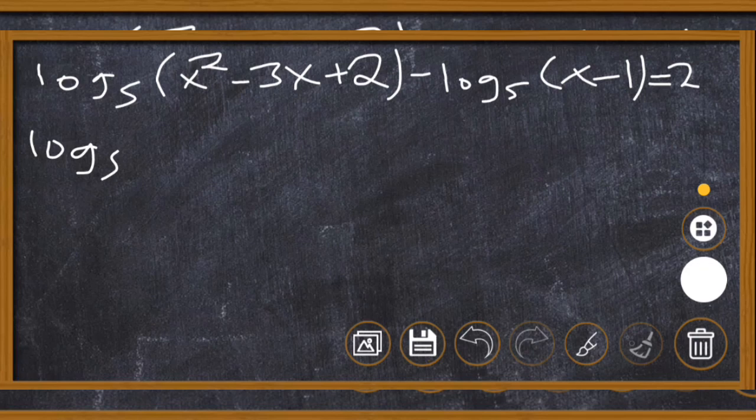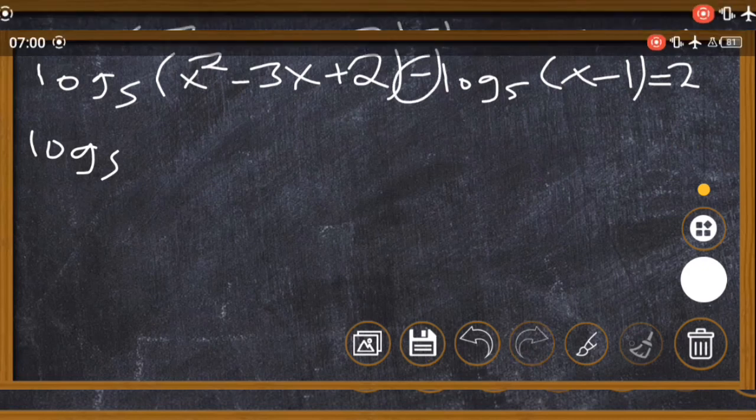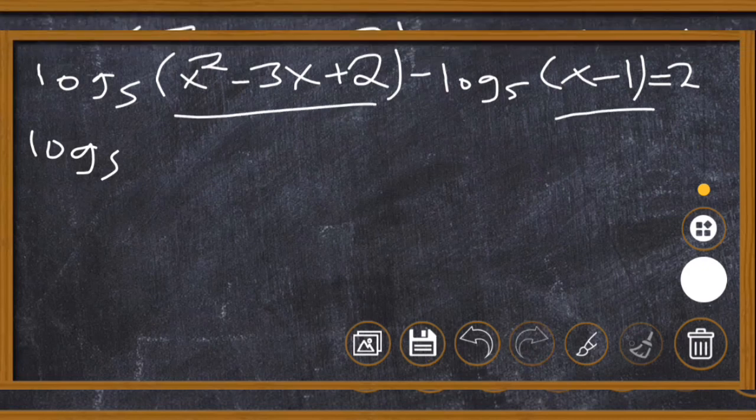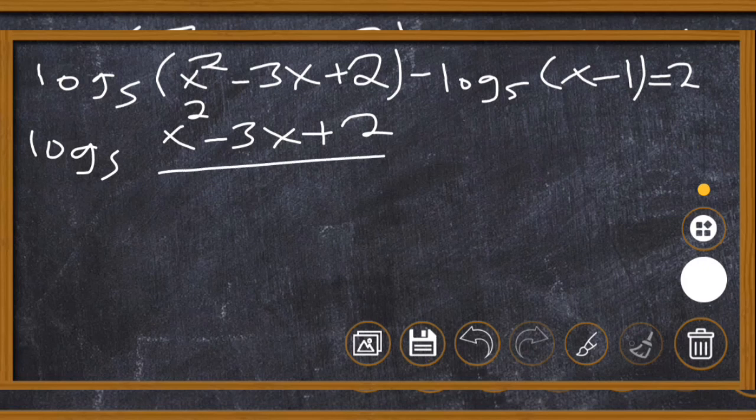And then when we factorize it, when you are subtracting here, by now we know it means you are dividing these terms here. So in this case, since we are subtracting here, it means we are going to divide. So we are going to divide x squared minus 3x plus 2 over this term here, that is x minus 1 equals to what?